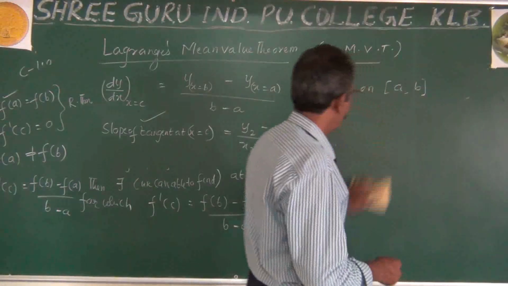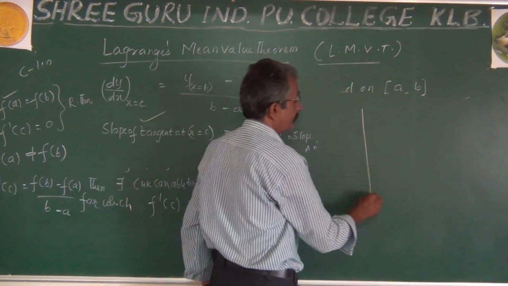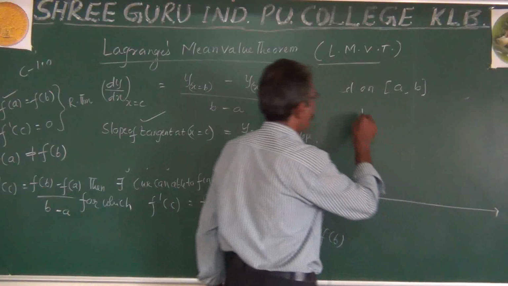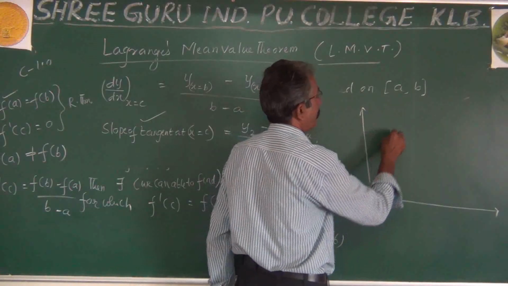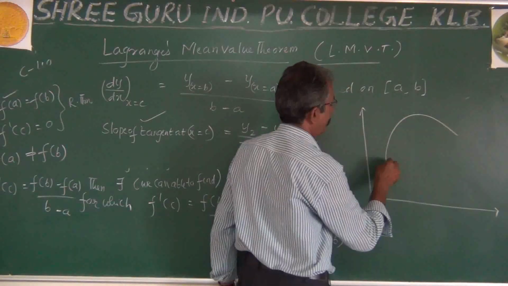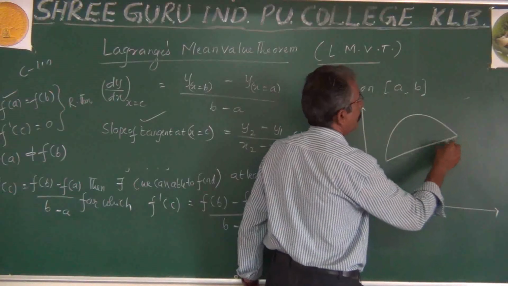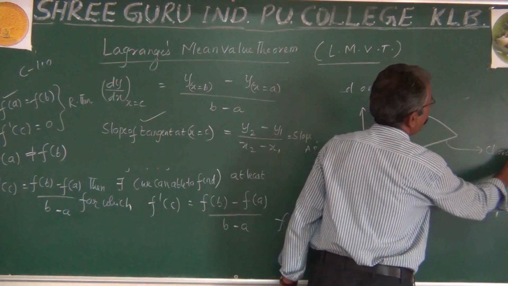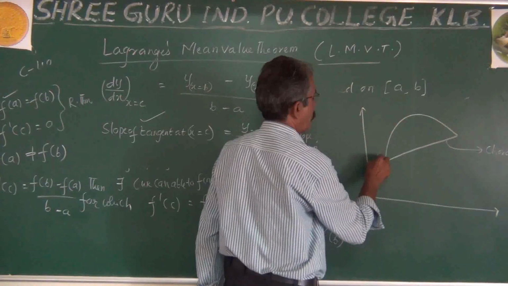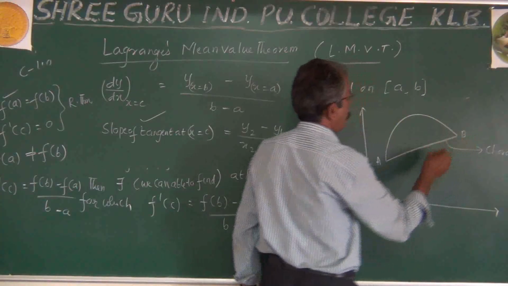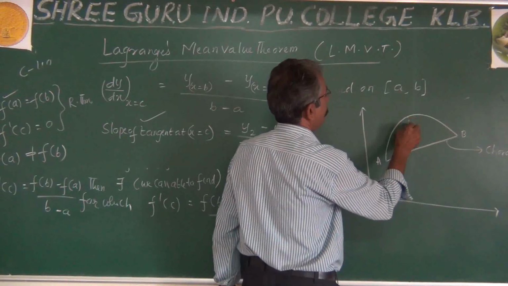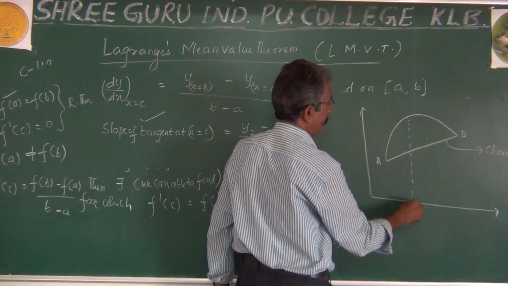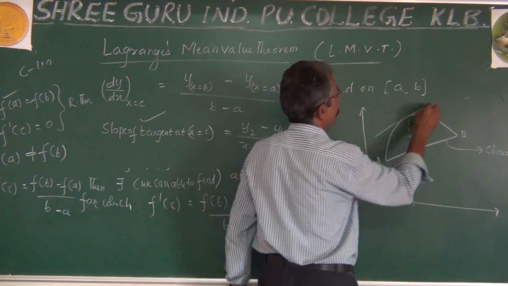If you want, we can draw this figure neatly once again. This is chord AB. This is tangent.